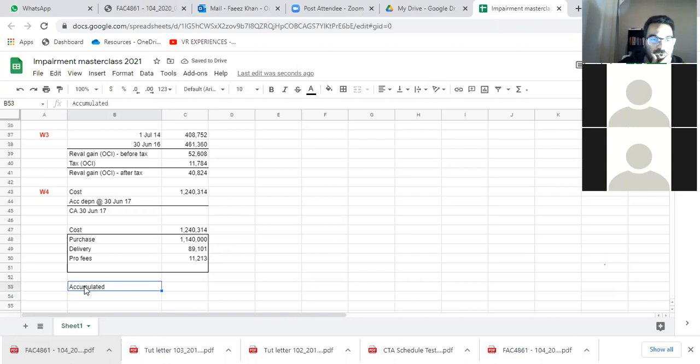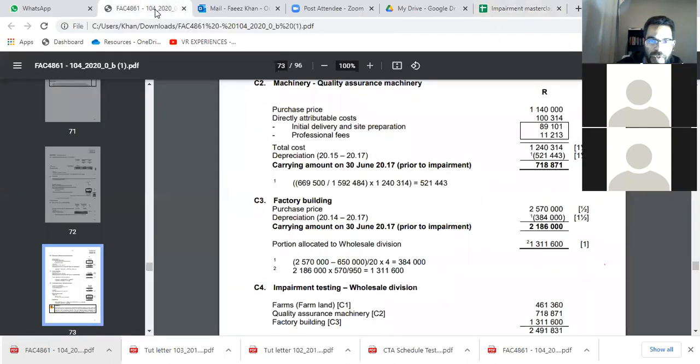I think there was a residual value. Was there a residual value? No. There was no residual value in that scenario. I cannot remember. Okay.